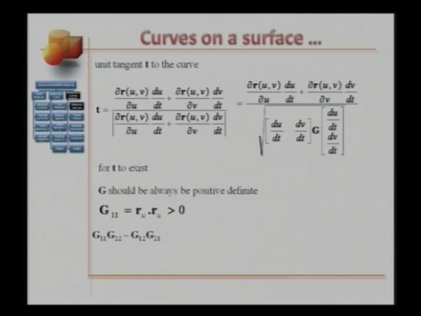The second principal minor is given by the determinant of G itself, which is G11 G22 minus G12 times G21.